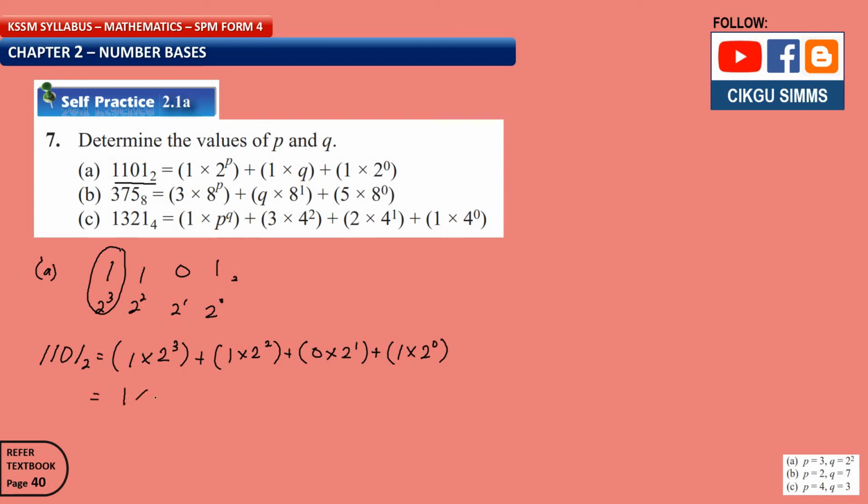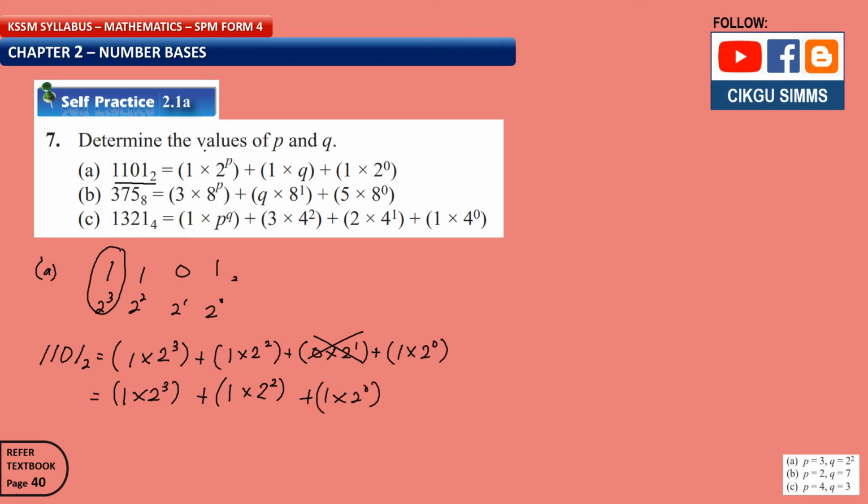So 1 times 2 to the power of 3. So 0 times 2 will be 0, so this one is gone. 1 times 2 to the power of 0 is 1 times 2 to the power of 0.